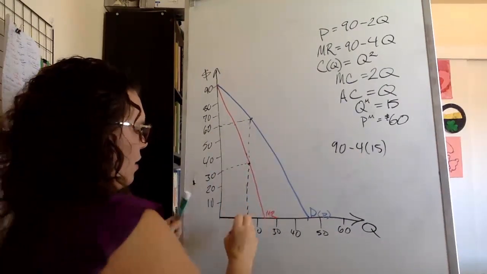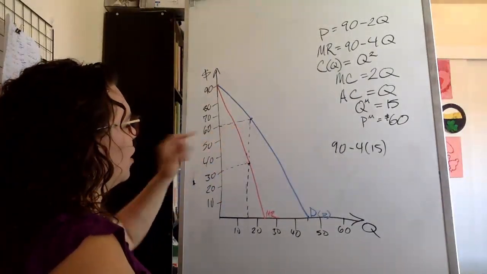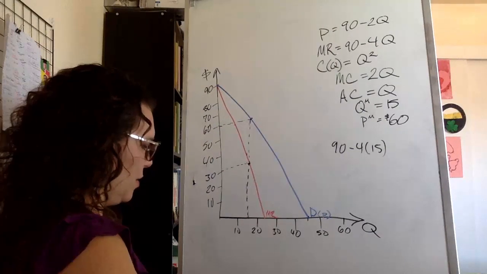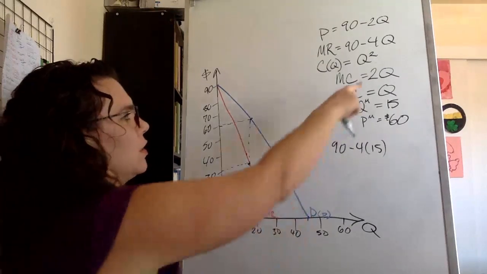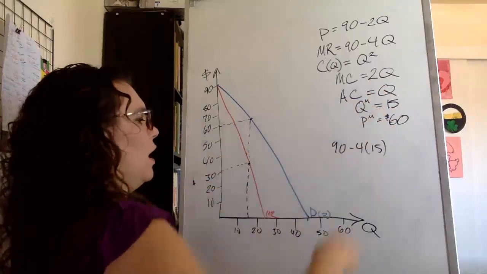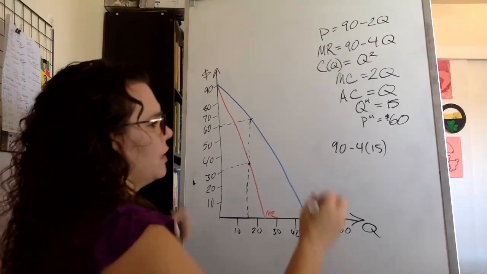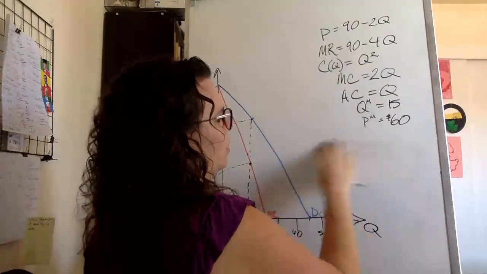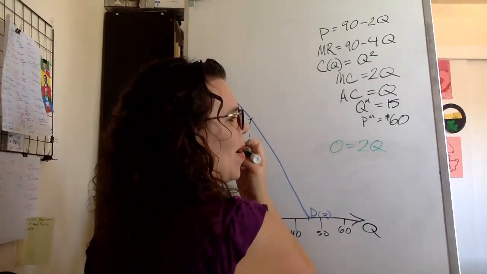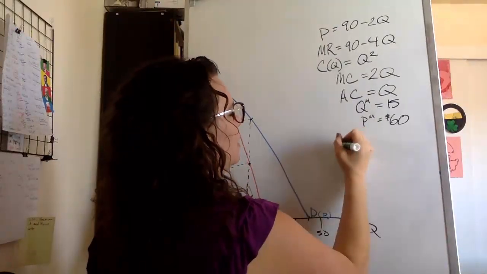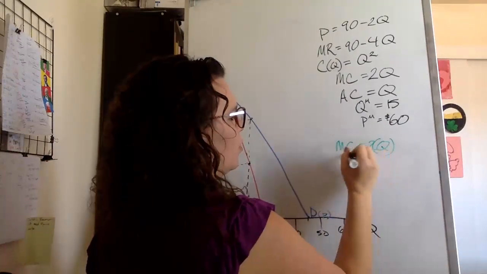So that's going to be the quantity at which our monopolist produces and the price they charge right there, which tells me that my marginal cost curve is going to go through that point also. And I can find my marginal cost curve with that point. Let's set marginal cost equal to 2 times Q. If Q is 0, marginal cost is equal to 0.